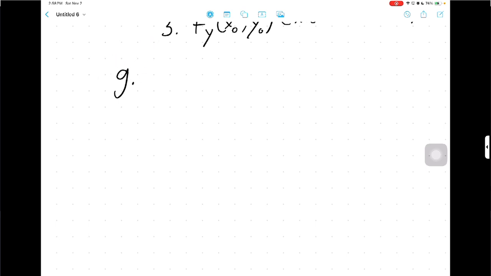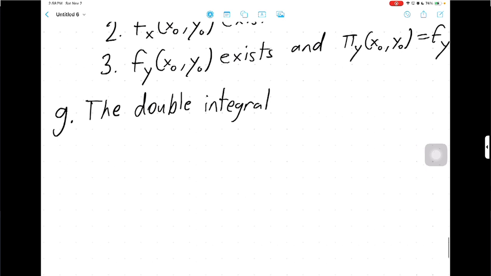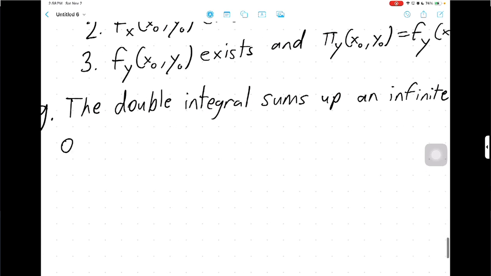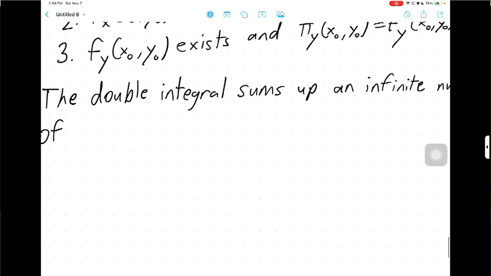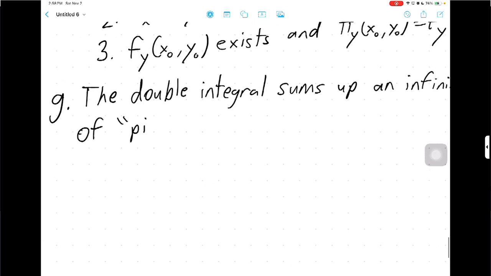G. This one asks you to explain the definition of a double integral. So for the definition, the double integral, what's a good word to use for this? I'm just going to say pixels, because it almost works as pixels.